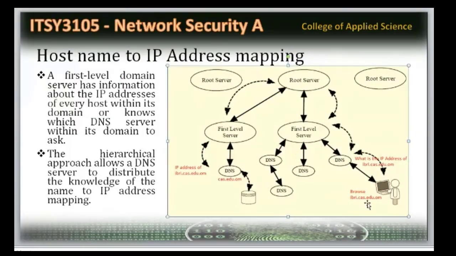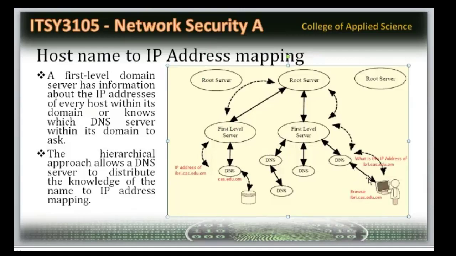The user is typing the name of a site, ibri.cas.edu.om. From this machine, I don't know what the IP address of ibri.cas is, so your machine cannot communicate with ibri.cas.edu.om.